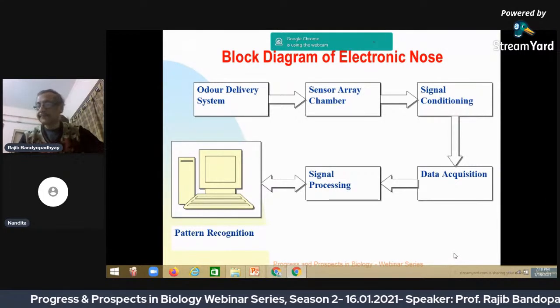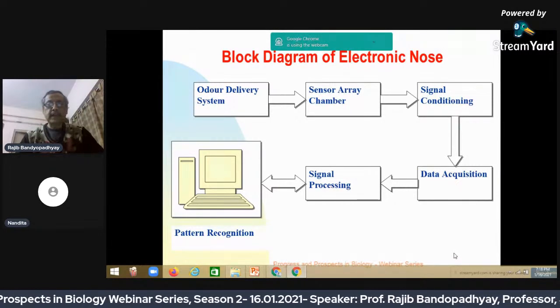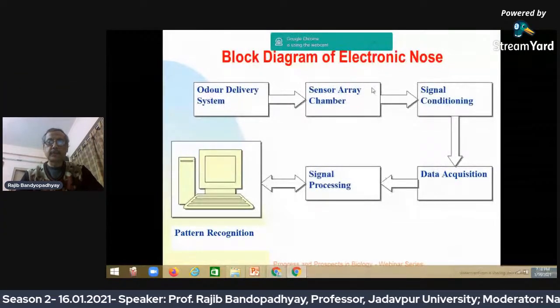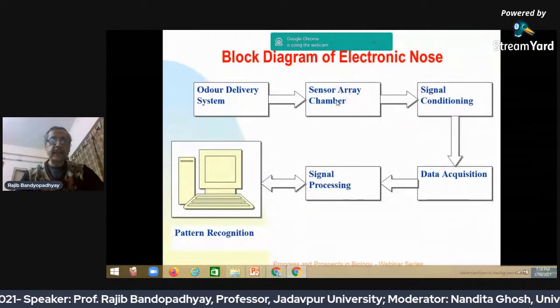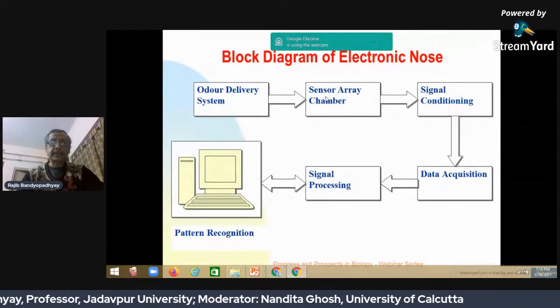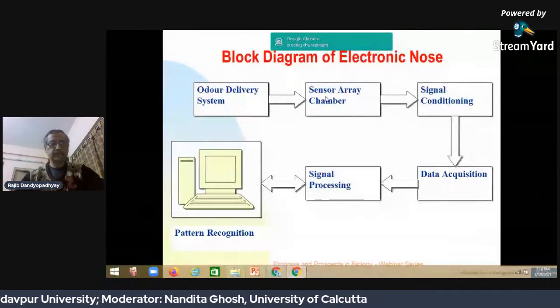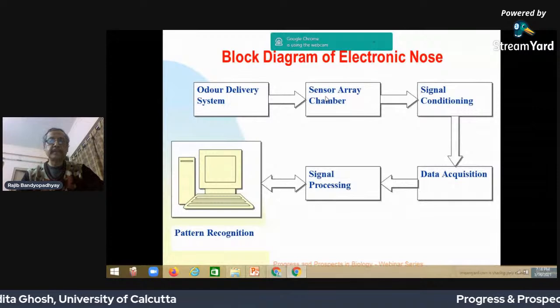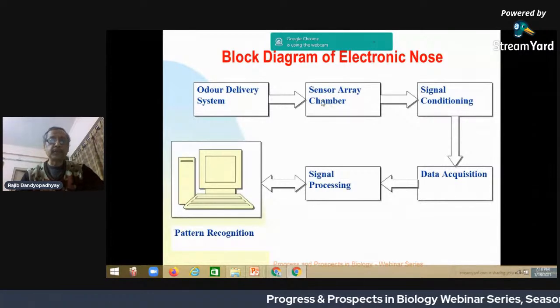Thank you, Nandita. So this is the heart of the electronic nose, the sensor array, and the sensor array must be exposed to the odor molecules.